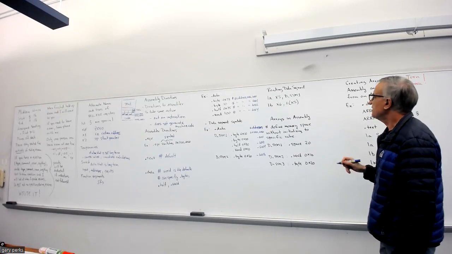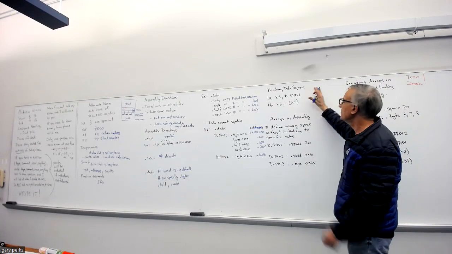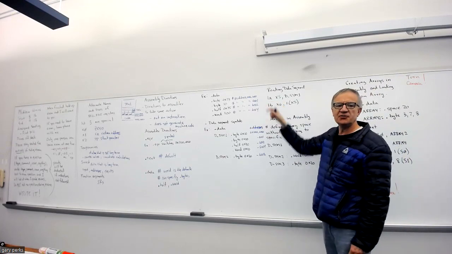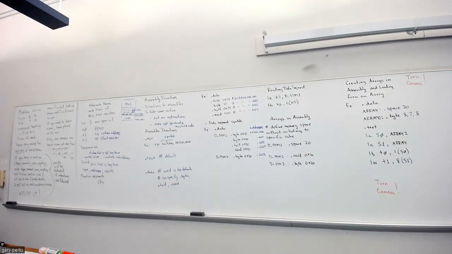Okay, so the next thing is, how do you read from a data segment? And look, we have a new instruction that we haven't used yet. This is where it's handy to have an instruction set to look at. If you look up this instruction LA, it's load absolute address of symbol.